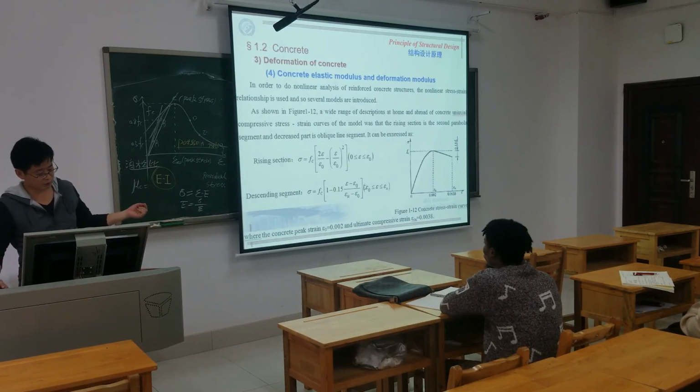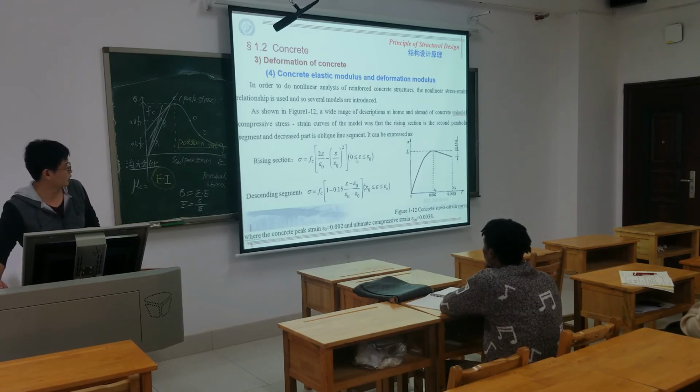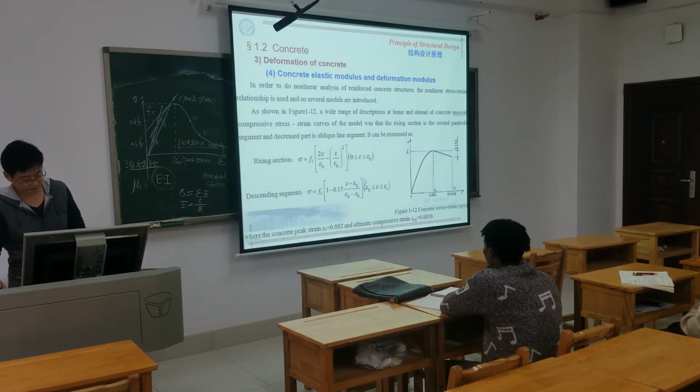They simply divided it into two parts, the rising part and the descending part, and for each part they give a formula. The real situation actually goes down along this curve, but now they just use a simple relation to represent it.